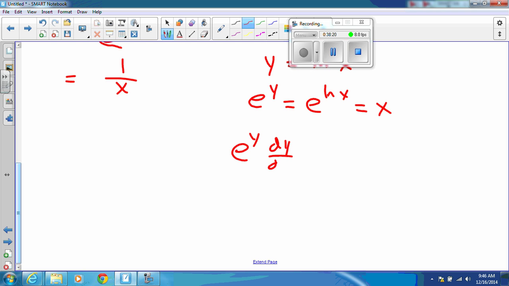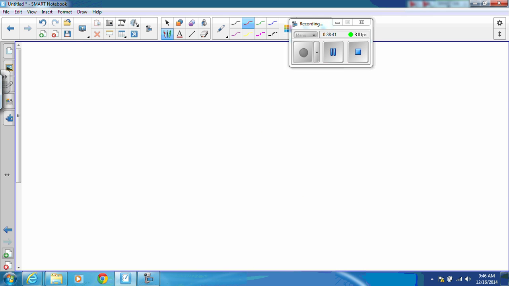Taking a derivative with respect to x on both sides, e to the y dy dx equals 1. Put that y back where it came from, and e to the y is x, and I'm done. This is how we would do it in a Leibnizian fashion.